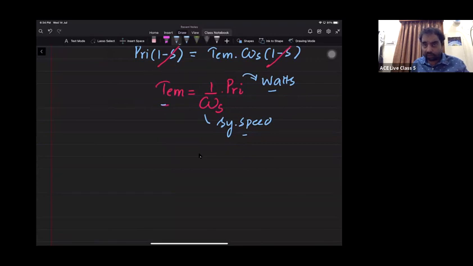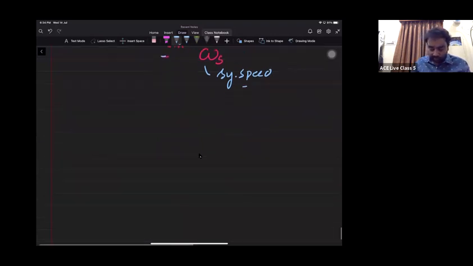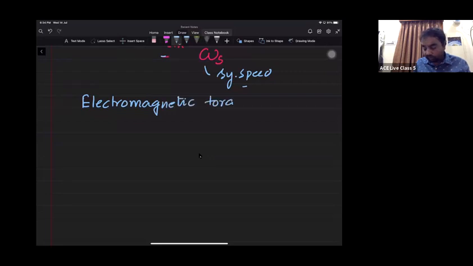So can I say the electromagnetic torque depends on the rotor input.